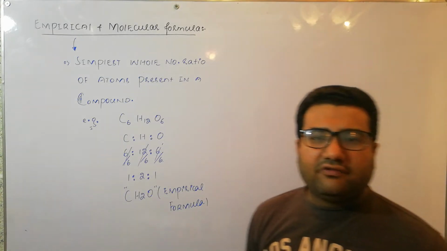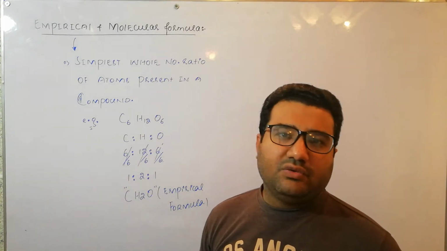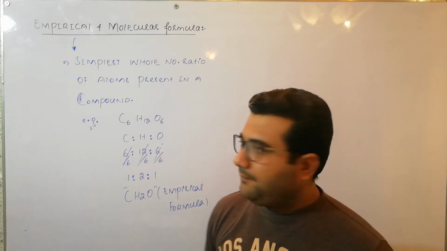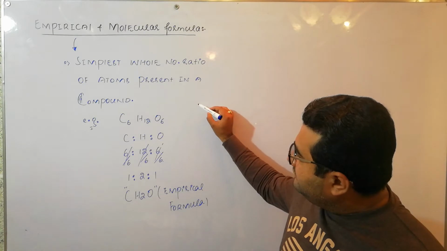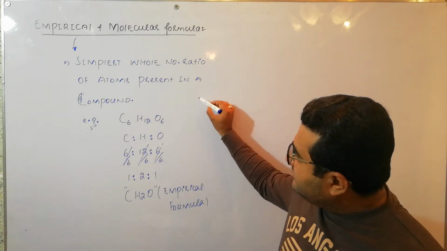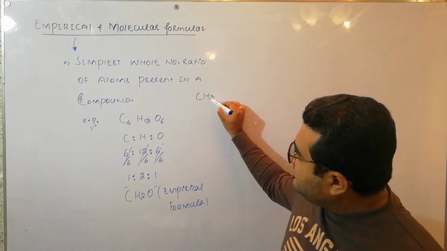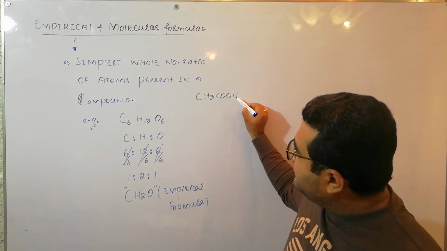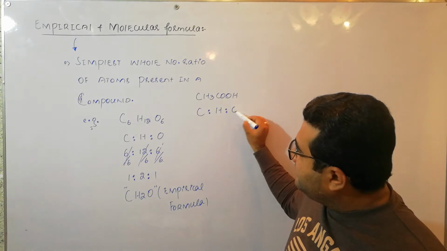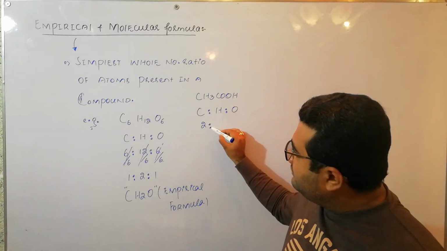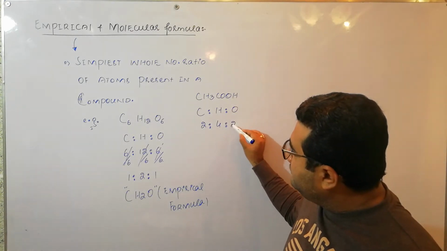Empirical formula of two or more than two compounds can also be same. For example, in case of acetic acid, which is CH3COOH, the ratio between carbon, hydrogen and oxygen is 2 ratio 4 ratio 2.